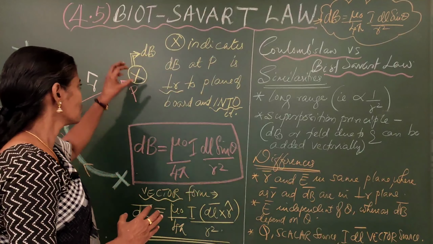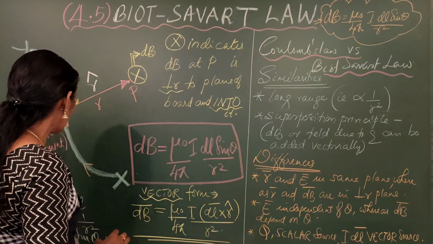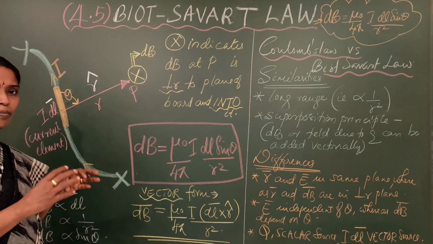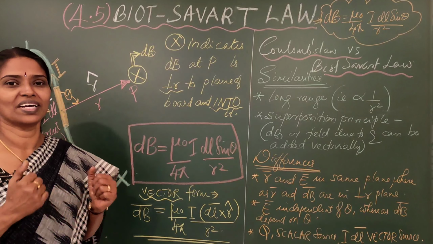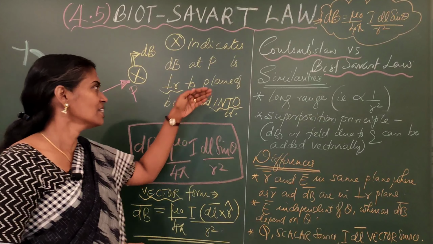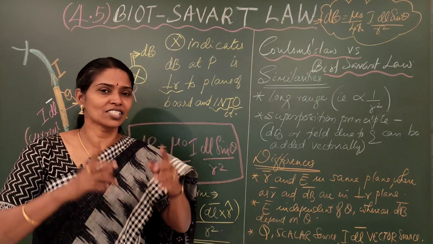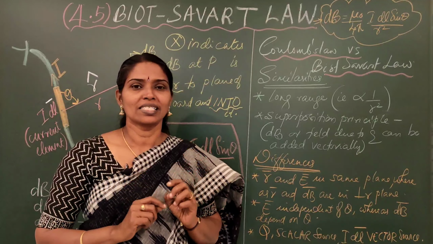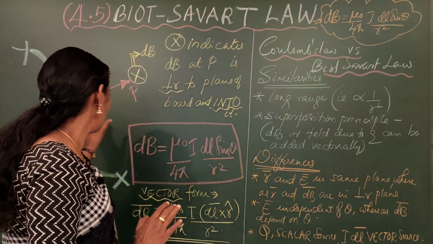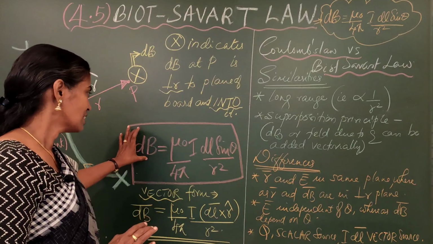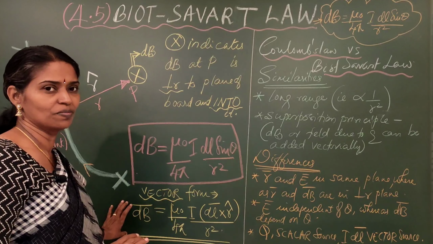So the source of dB is the current element I dl bar, which is of course a vector source. So these are the similarities and differences. Just memorize Biot-Savart's law alone: the figure, the equation, the scalar and the vector form.